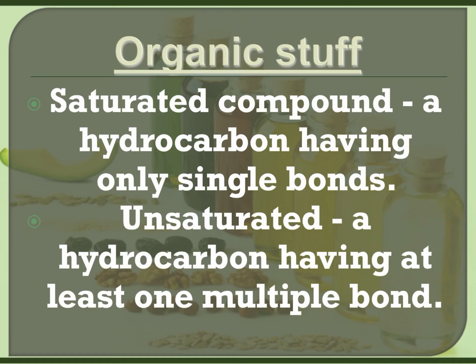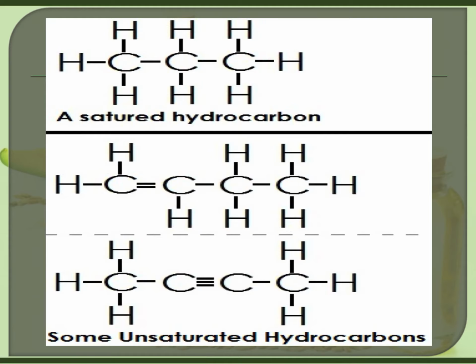An unsaturated hydrocarbon is when you replace a single bond with a double bond, so now you no longer have the maximum amount of hydrogens. But a double bond is an area of high energy, which means it's very easy to break apart in a chemical reaction. So saturated hydrocarbons behave very differently than unsaturated hydrocarbons.